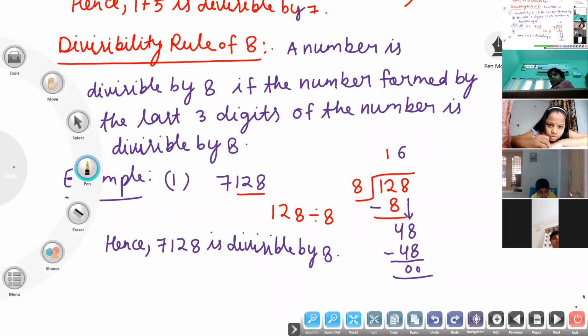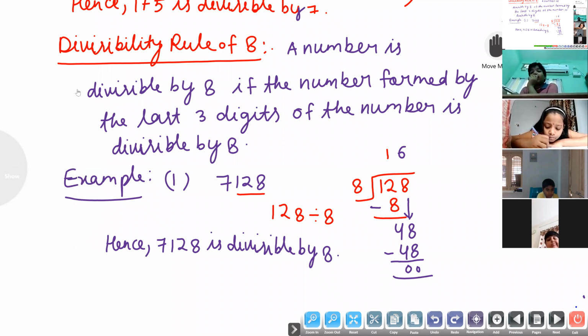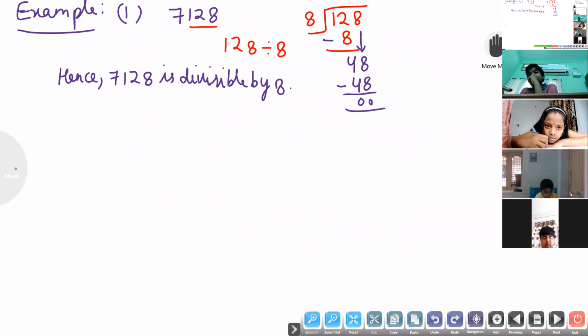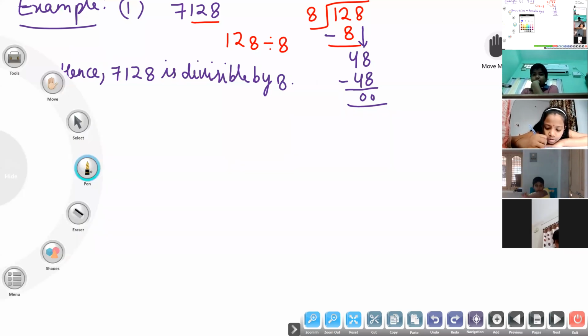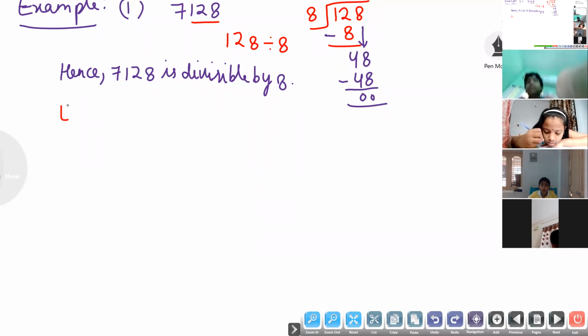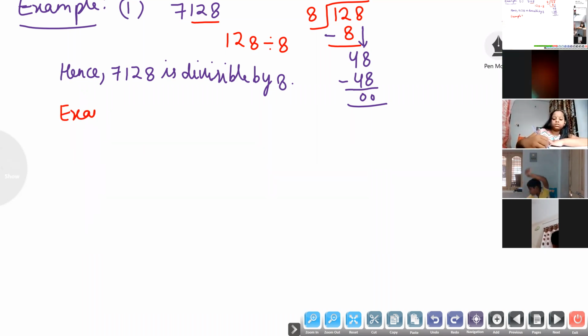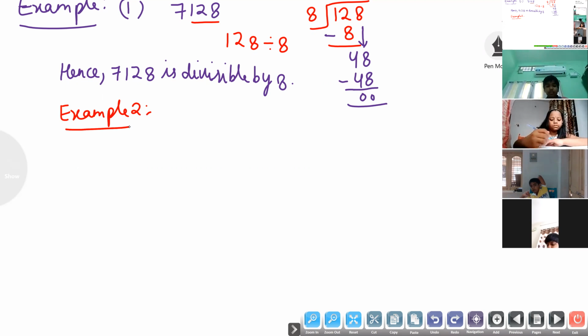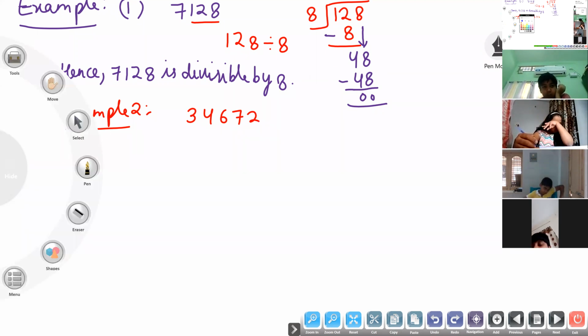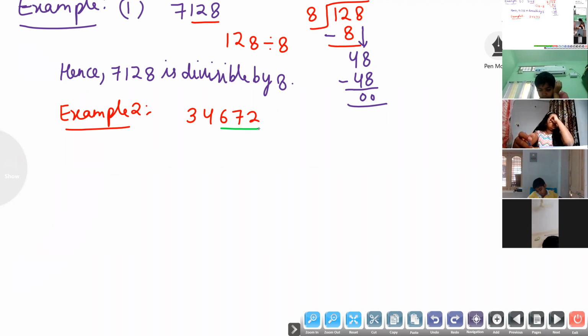Second example I am taking: 34672. How to check whether the given number is divisible by 8 or not? I will check the last 3 digits. The last 3 digits are 672. Now I want to check whether 672 is divisible by 8 or not.